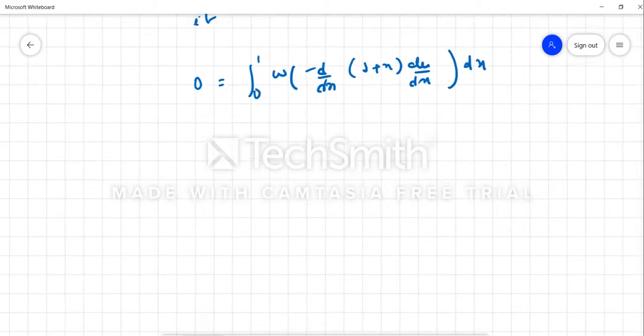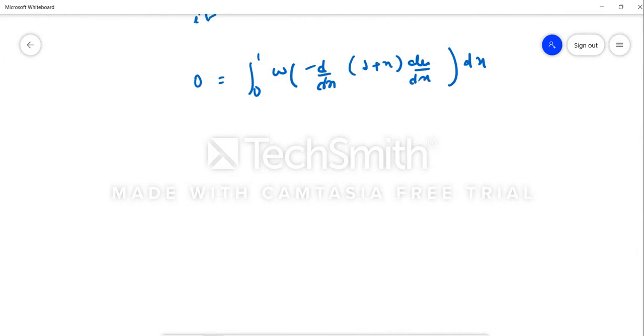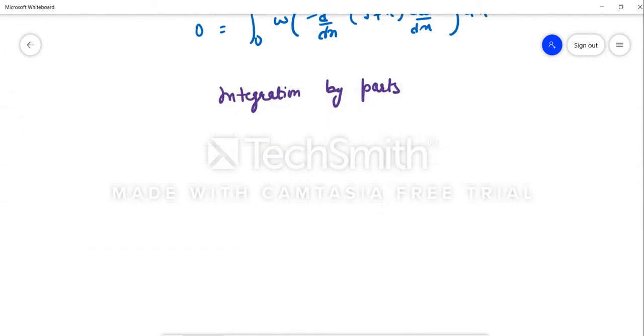Now we will do integration by parts. The equation will look like this way: from 0 to 1, the differentiability will transfer to w.